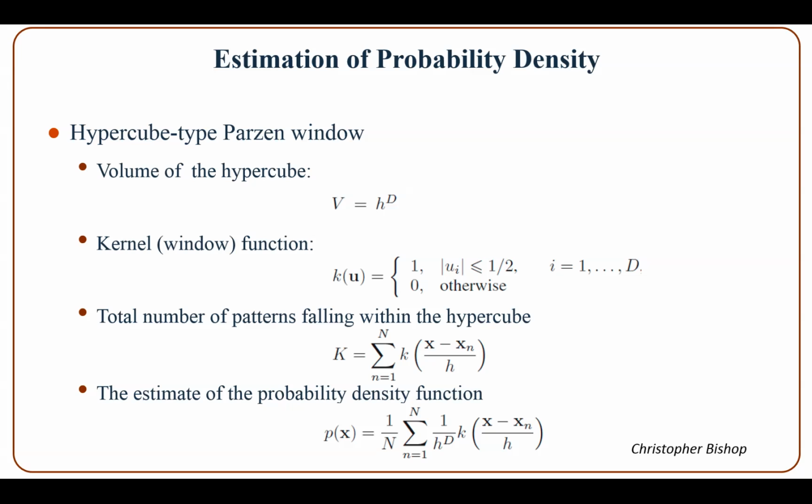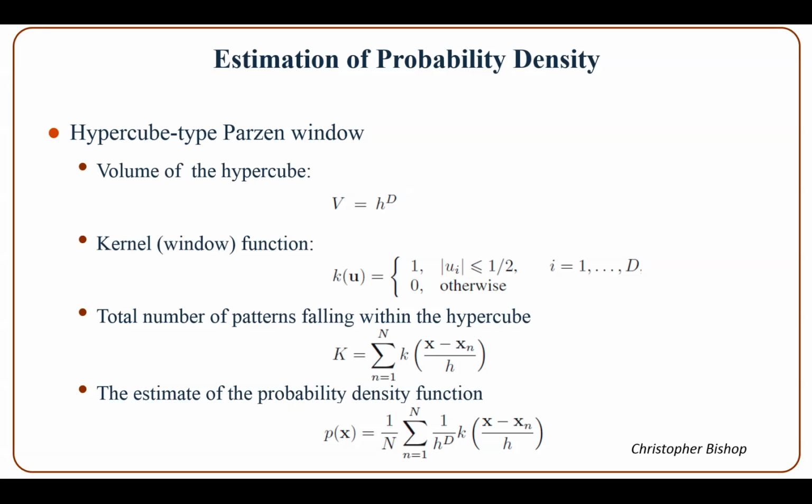We define a kernel window function k of u. u here is a vector. k of u is equal to 1 if the absolute value of u sub i is less than or equal to 1/2 and 0 otherwise, for i equal to 1 to the number of dimensions d. This window function is also called a pattern window.